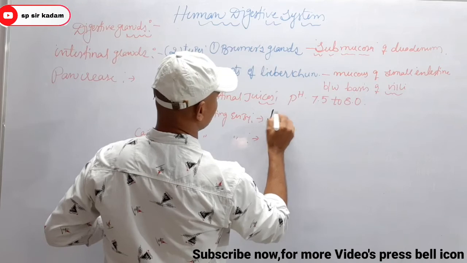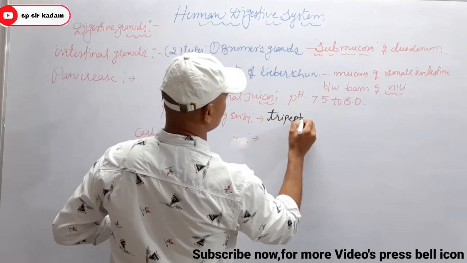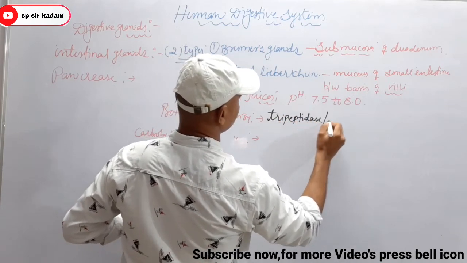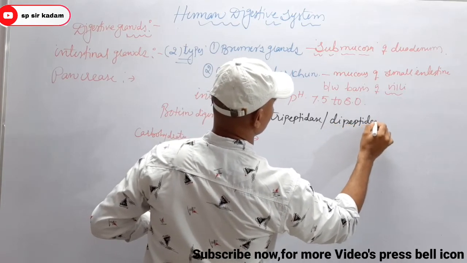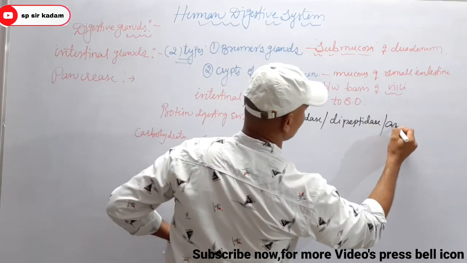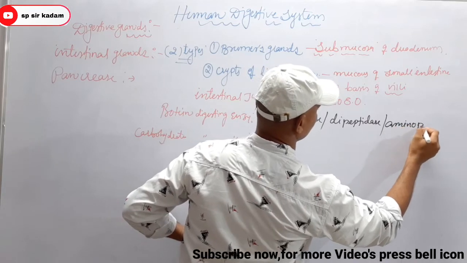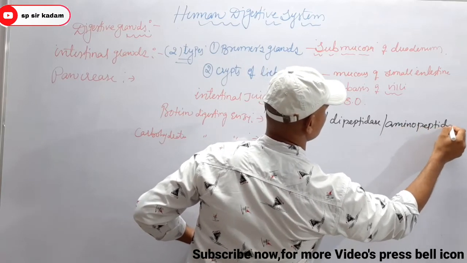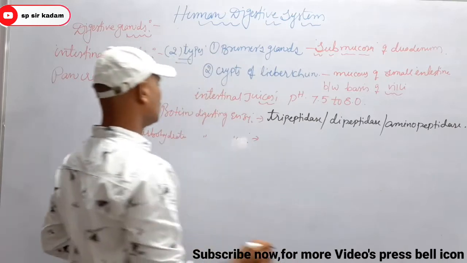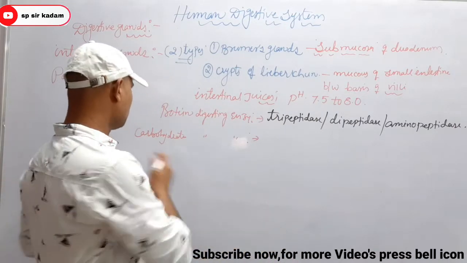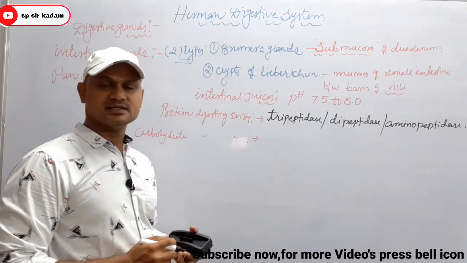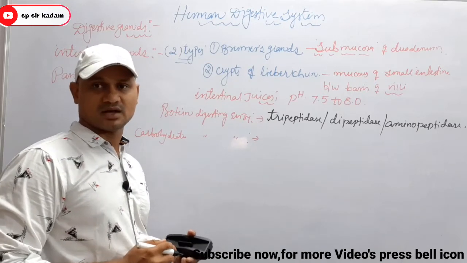particularly tripeptidase, then dipeptidase, then aminopeptidase. So these are the protein digesting enzymes present in our intestinal juice, and the carbohydrate digesting enzymes are also present, like disaccharidases.